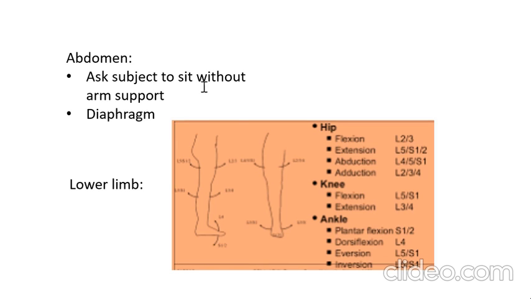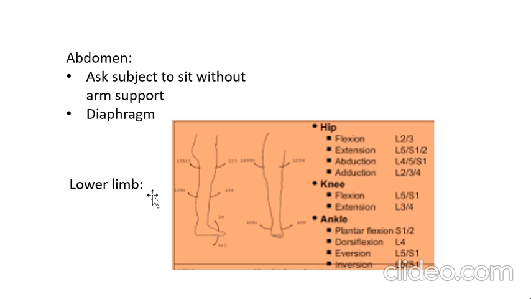The subject is asked to sit without arm support. If the abdomen muscles are not paralyzed, he will be able to sit. If they are paralyzed, he will not be able to sit. For the diaphragm, we can see a bulge in the abdomen during inspiration, but if it is paralyzed, the bulge will be during expiration.